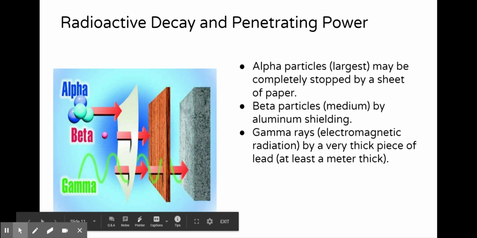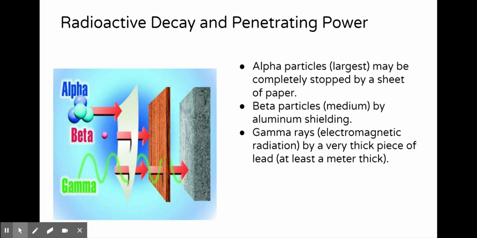Radioactive decay and penetrating power. As a nuclear chemist, we are looking at the types of radiation. Remember, I'm an unstable nucleus and I'm trying to become stable. So I'm emitting radioactive particles and daughter isotopes, and I am looking at how those penetrate or how those could potentially harm me.